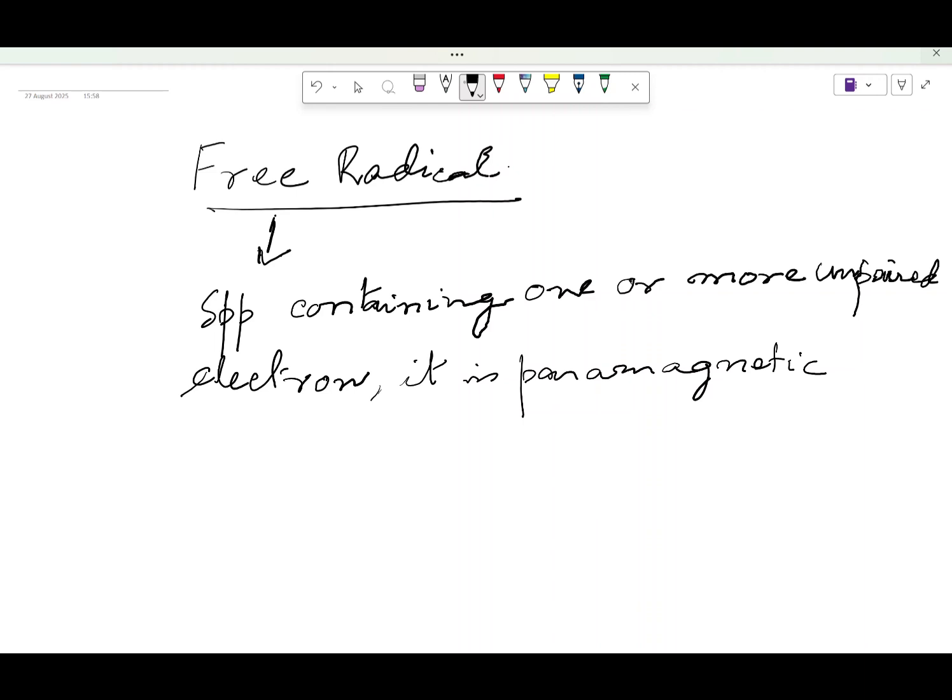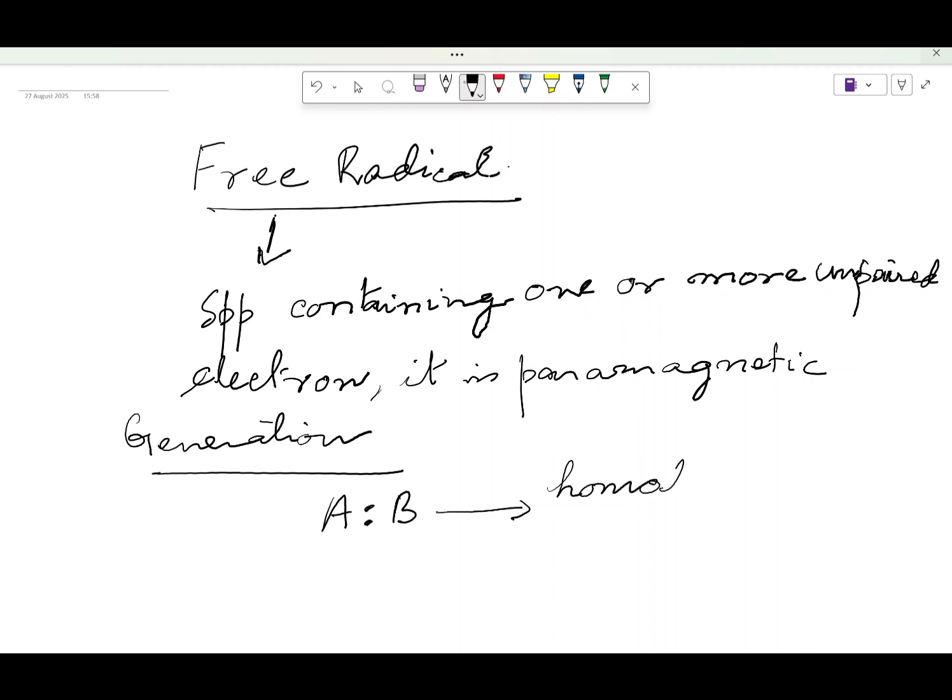Okay. Therefore, first I will let you know how it is generated, that is, the process of generation. Suppose A and B are two independent atoms, and they undergo homolytic cleavage, or symmetrical cleavage, or homolysis.